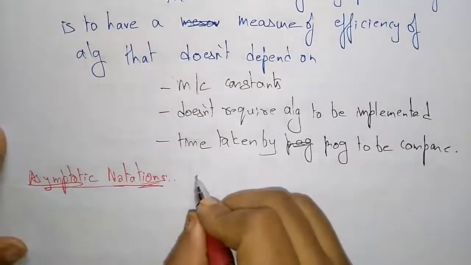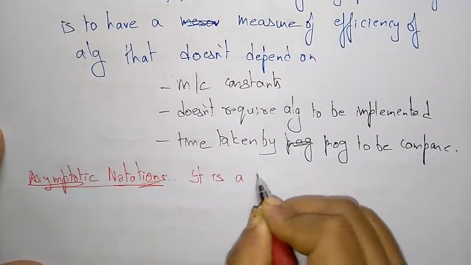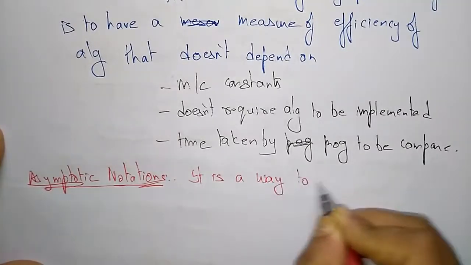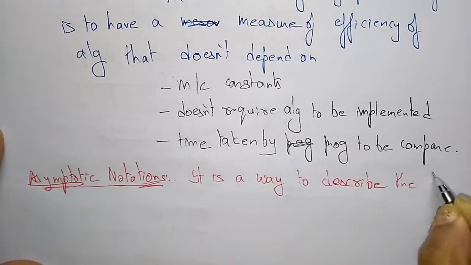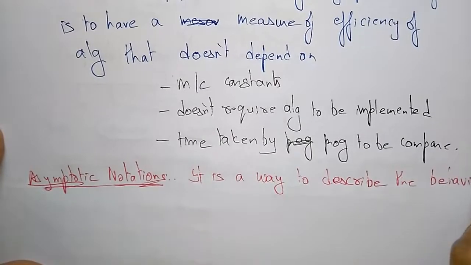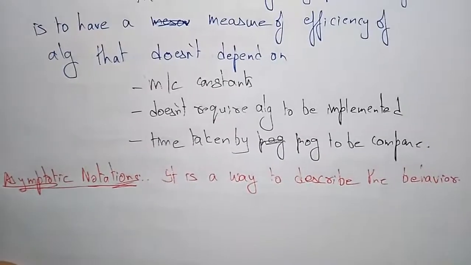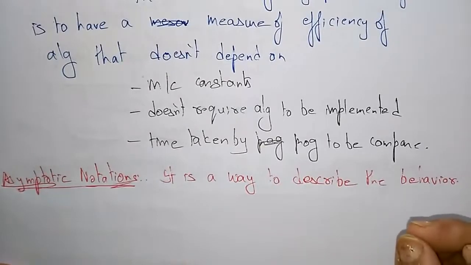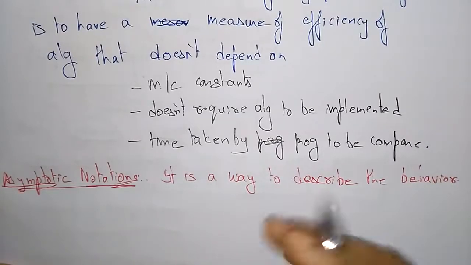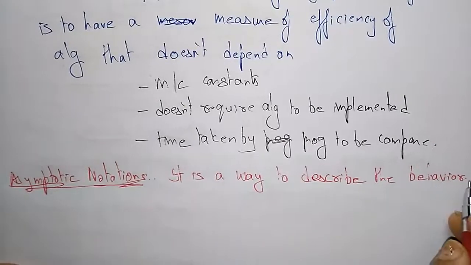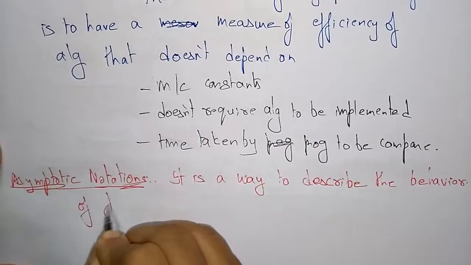Behavior means the time it takes to complete the sequence of steps in the code of the function, and the memory that it occupies to store that function.